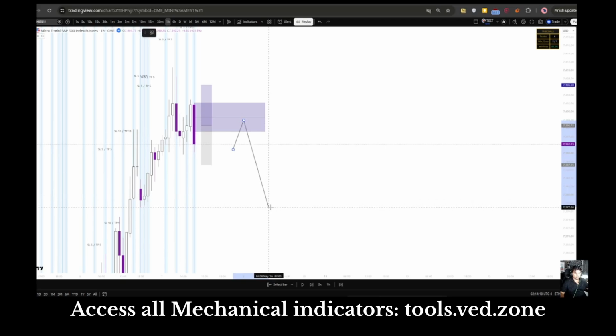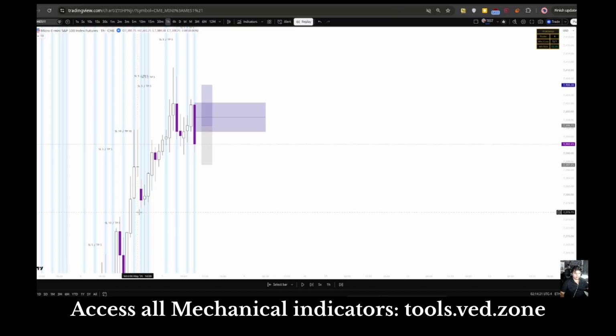So this is a lower probability setup. And there was an unfilled, unmitigated gap on this low. So the market could very well come down, if not to these lows. So it's a low probability setup.